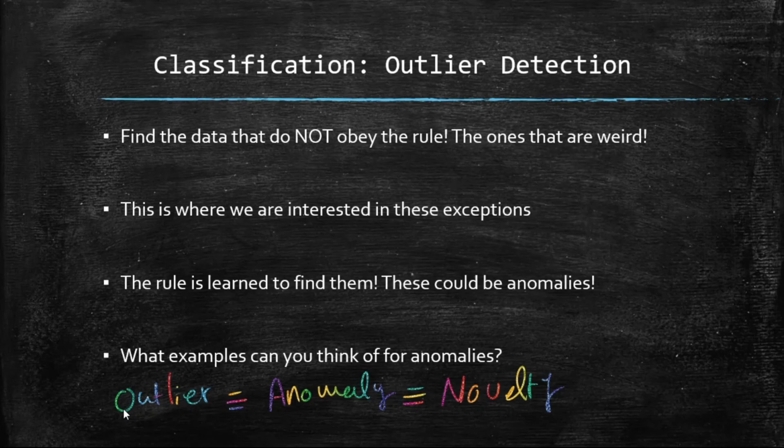So, what examples can you think of for an outlier? I just gave you an example of a CCTV camera. One other very interesting example of this particular application of machine learning is intrusion detection in a computer network.